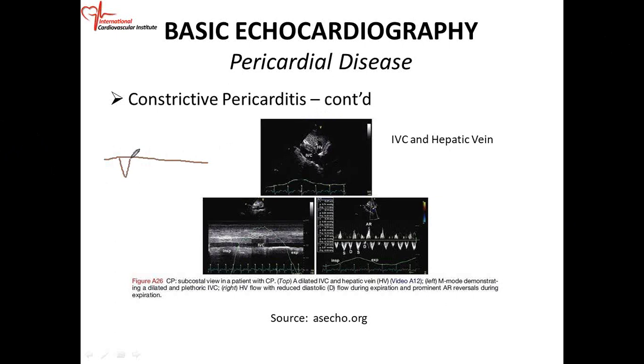And then in diastole, it's still moving away, so it's going to be below the baseline. But when the atrium contracts, it's going to push blood back into the IVC and push blood back into the hepatic vein, and it's going to go towards the transducer. That is why your atrial reversal is on top.